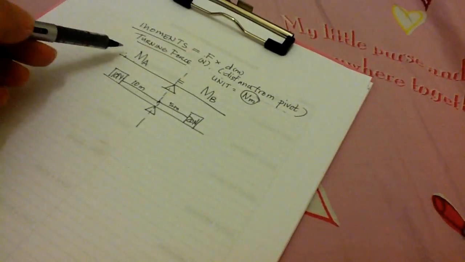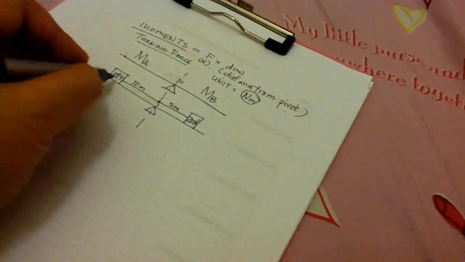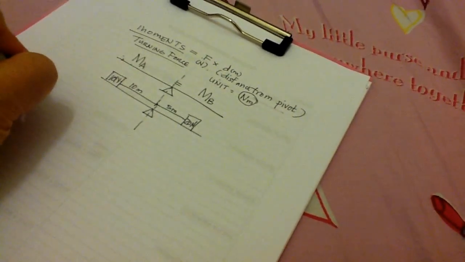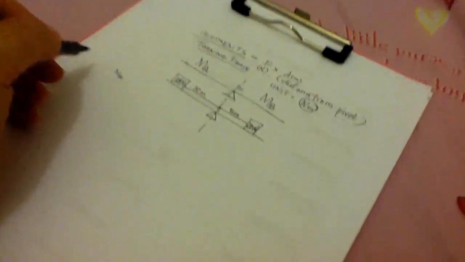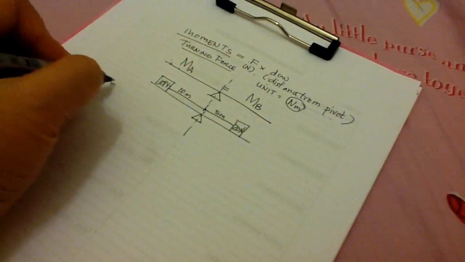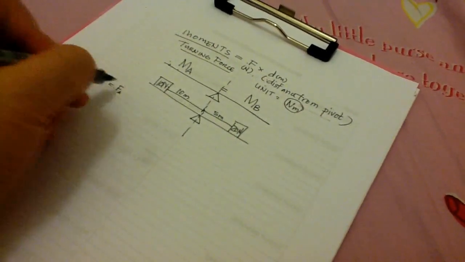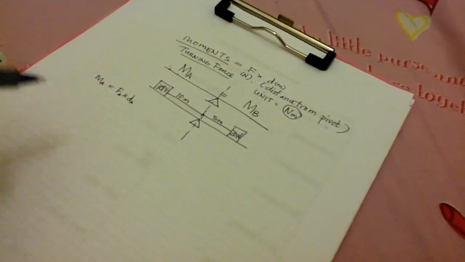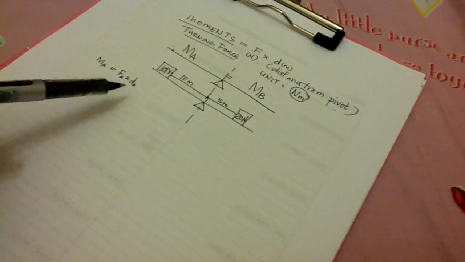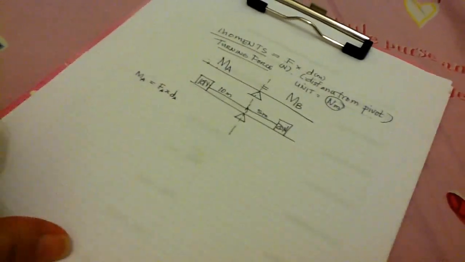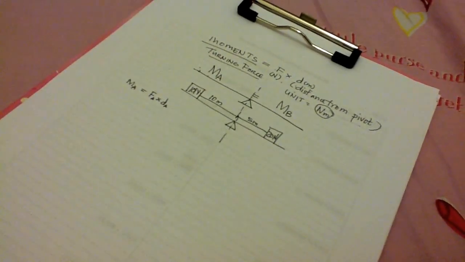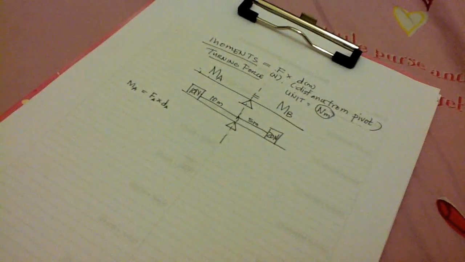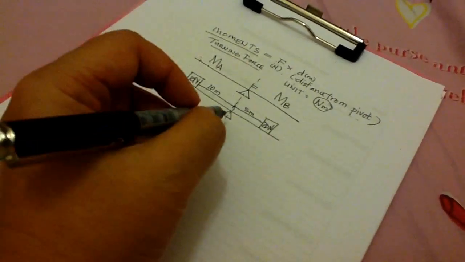Since we are computing for the moments of side A, let's just label it as a force of side A. So the moments of side A is equal to the force of side A times the distance from the pivot of side A. That's the only reason why I have an A over there, to tell you that we are computing for the moments of side A. So we need the force from side A and the distance from side A. And we are going to do the same thing over here.